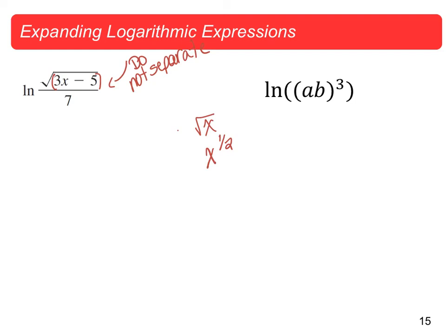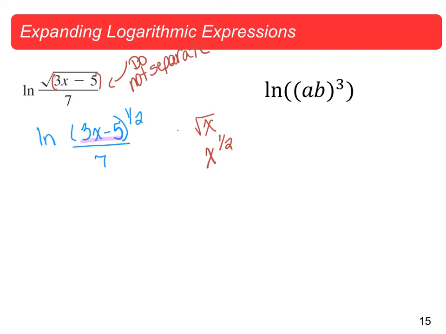So I am going to rewrite this as the natural log of 3x minus 5, and that is raised to the 1/2 power, and that is over 7. So now that I rewrote that, I can go ahead and split it up. Now remember, this part right here is going to stay together.